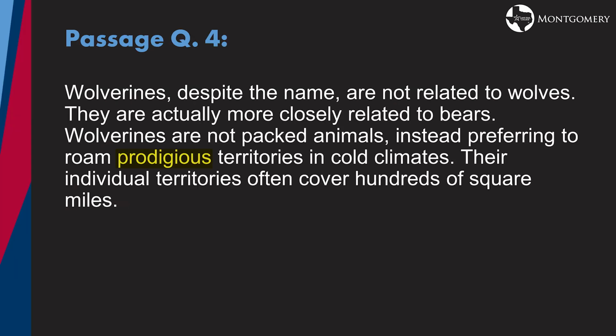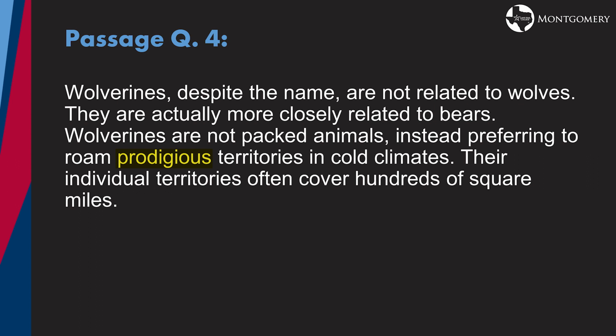Anytime you are asked to find the meaning of a word, if you are unfamiliar with that word, you want to look at how the word is used within the sentence. Look for any key terms or words that are used in other sentences and look at how they're used there. So you're being asked for the meaning of prodigious. Our sentence is: wolverines are not pack animals, instead preferring to roam prodigious territories in cold climates. So we're looking at prodigious territories.